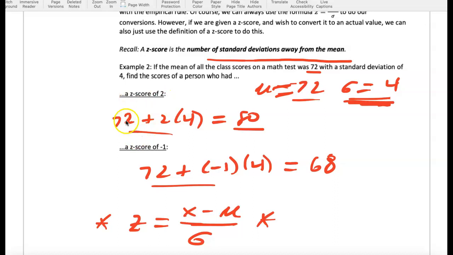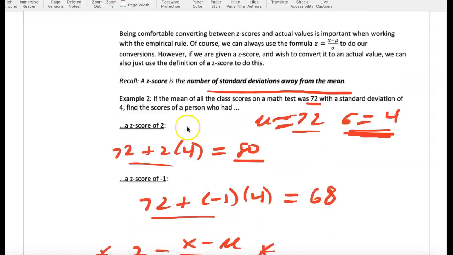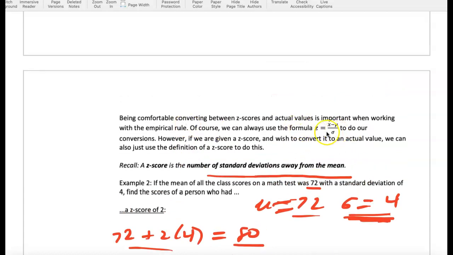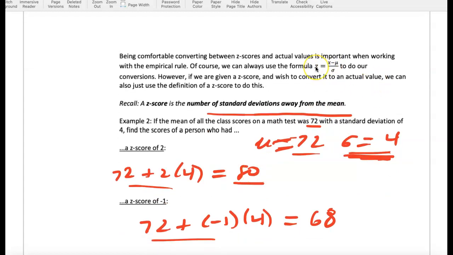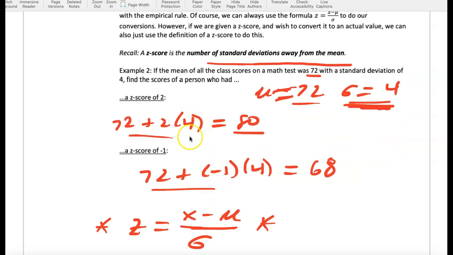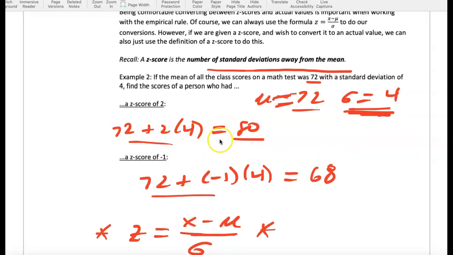So we do 72 plus 2 times 4, the standard deviation. It comes from the formula for z-score, because we're trying to solve for the x value. When we know the z-score, standard deviation, and mean, we use that little calculation.